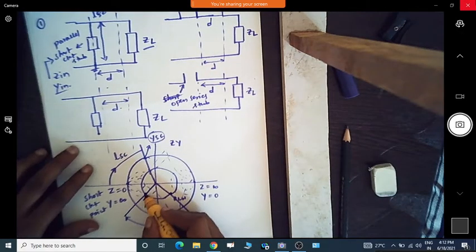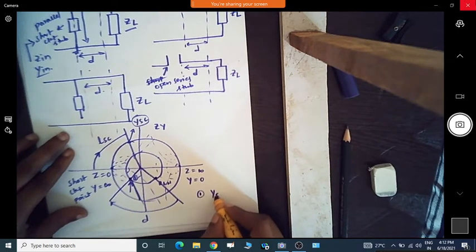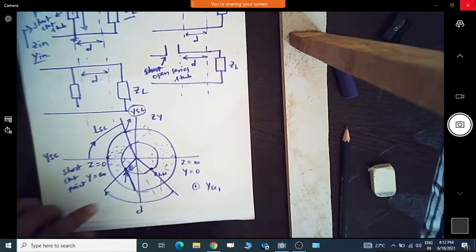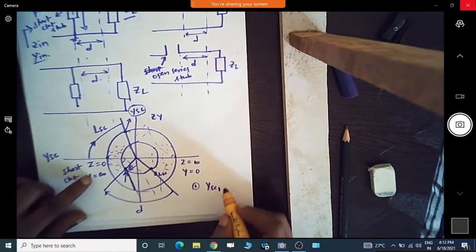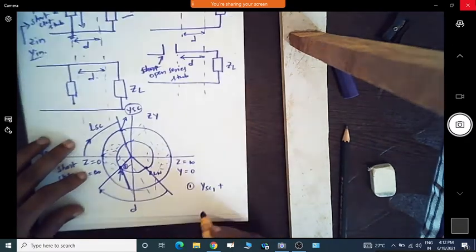So first we find the susceptance value at this point, let us call it point 1. At point 1, what is the susceptance offered? To that susceptance, we need to add the susceptance offered by the stub.